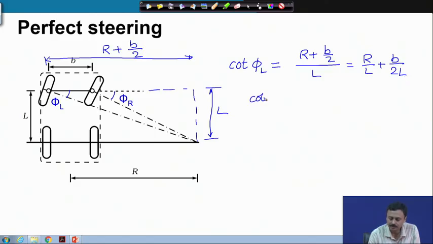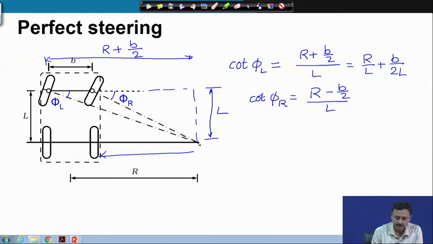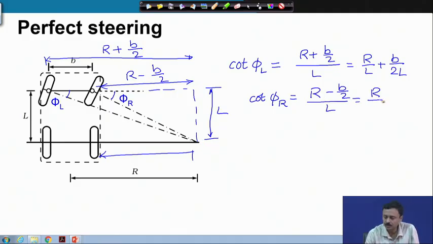Similarly, cotangent of phi r is equal to r minus b by 2, this distance, over L, which is r over L minus b by 2 L. Here of course, r is known as the radius of curvature.